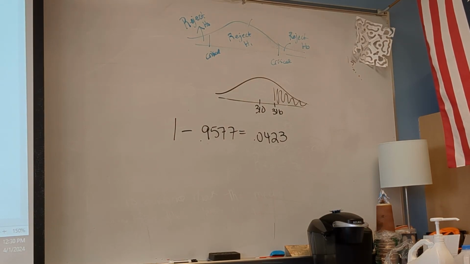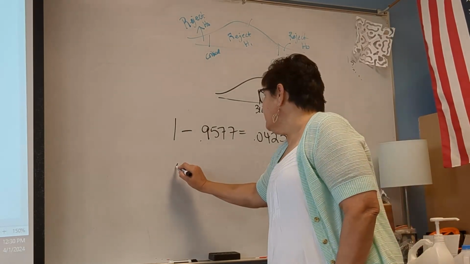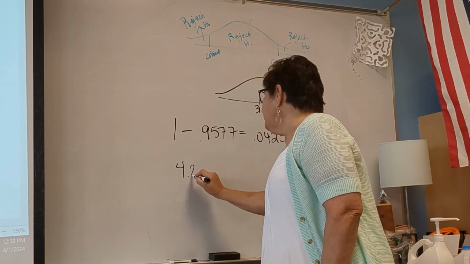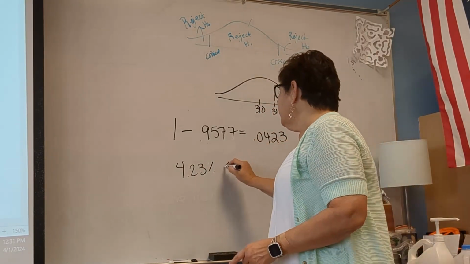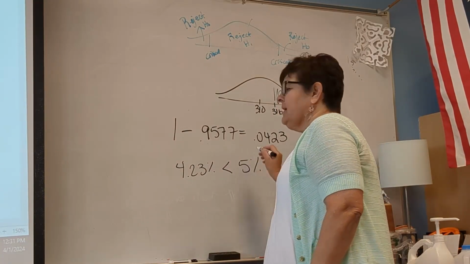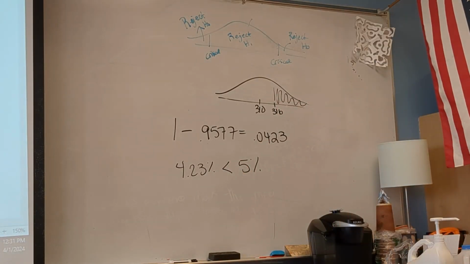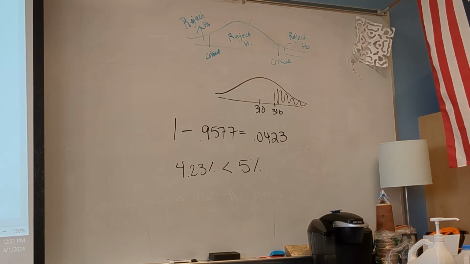So what are we comparing 0.0423 to? 5%. So basically, 4.23% is going to be less than 5%. Do you agree? So tell me, if my answer is less than my significance level, my critical value, what am I going to do?